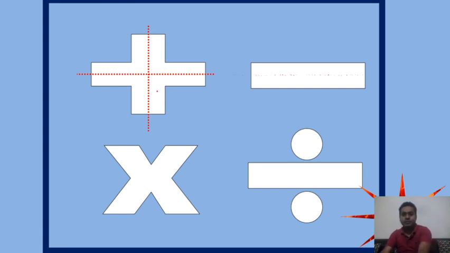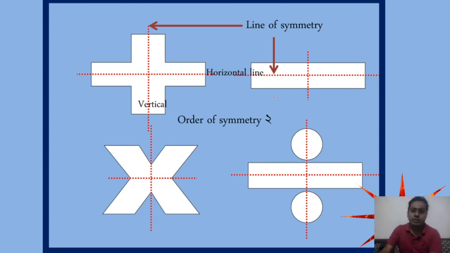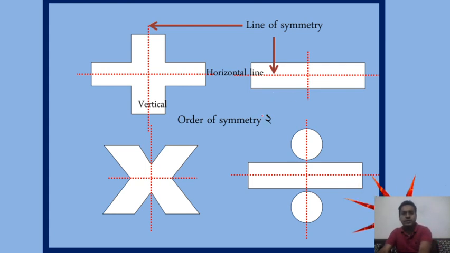It also has two lines of symmetry, a vertical and a horizontal line, and the shape is divided into two parts by the vertical and horizontal lines. So the shape is divided into two equal parts by the two lines, and that's why the order of symmetry is 2.